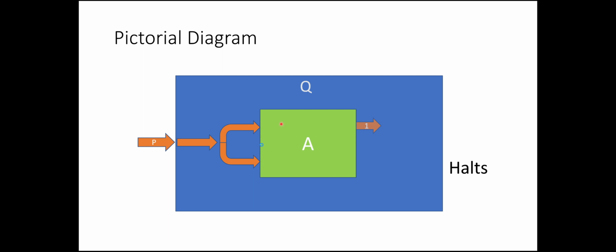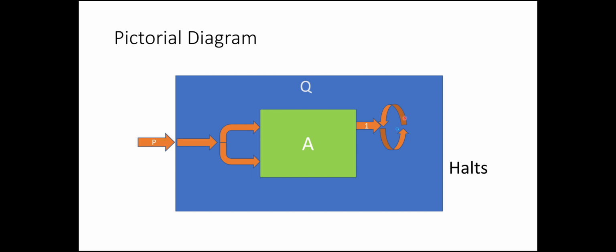If the output of A is equal to 1, meaning A(P,P) halts, then we create a loop for Q. Creating a loop in Q is trivial; you can have a while true and keep looping.